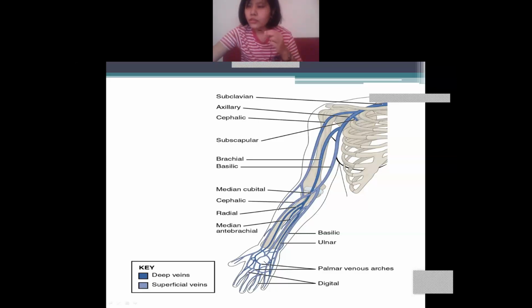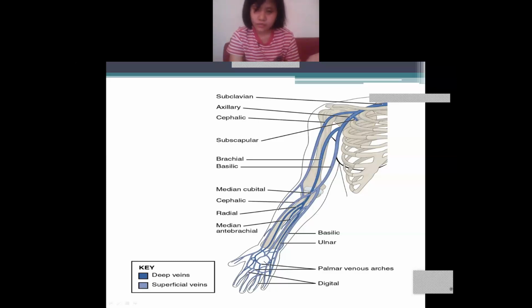So let me first discuss the difference between deep veins and superficial veins. First, the superficial veins. Where do they lie? They lie under the skin. You can also see them with your eyes. Just look at your arms, you'll find a bluish color.